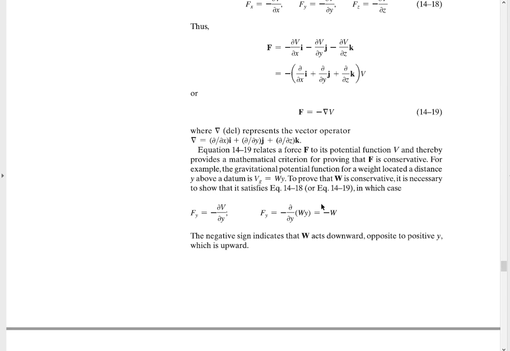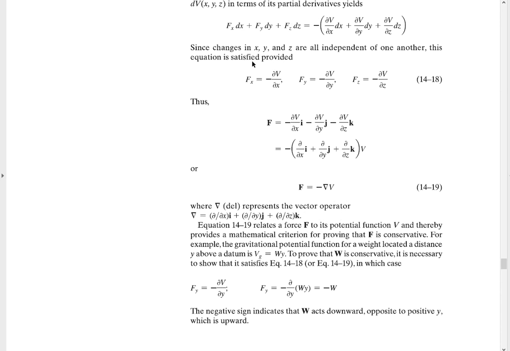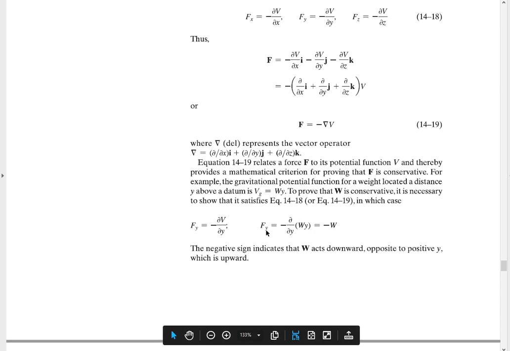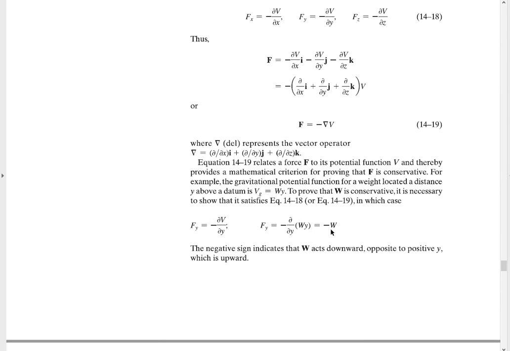In case of the gravitational potential, we chose the y-axis, the z-axis. Okay, so it means that this term is 0, this term is 0, and weight would be the Fy function.